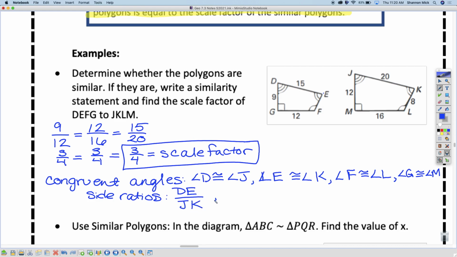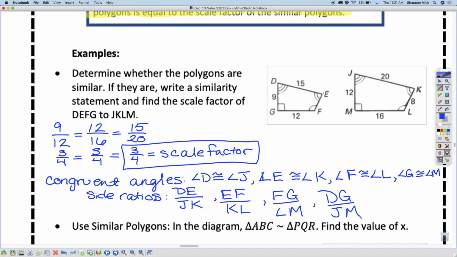Then EF corresponds to KL. And FG corresponds to LM. And DG, JM.